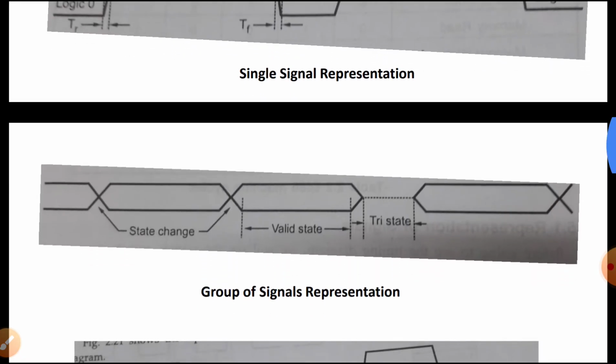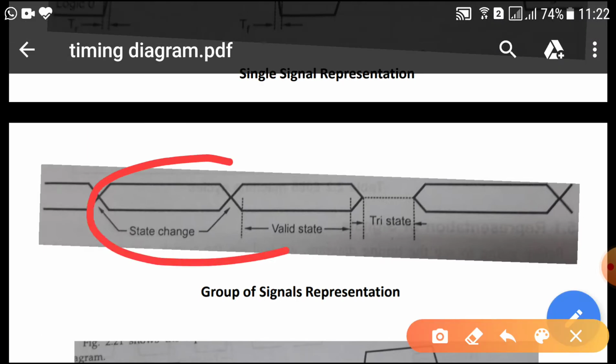Now, group of signals. A group of signals is also called a bus, for example, address bus and data bus. To avoid complication in the timing diagram, these signals are grouped together and shown as per the figure. It is the group representation.